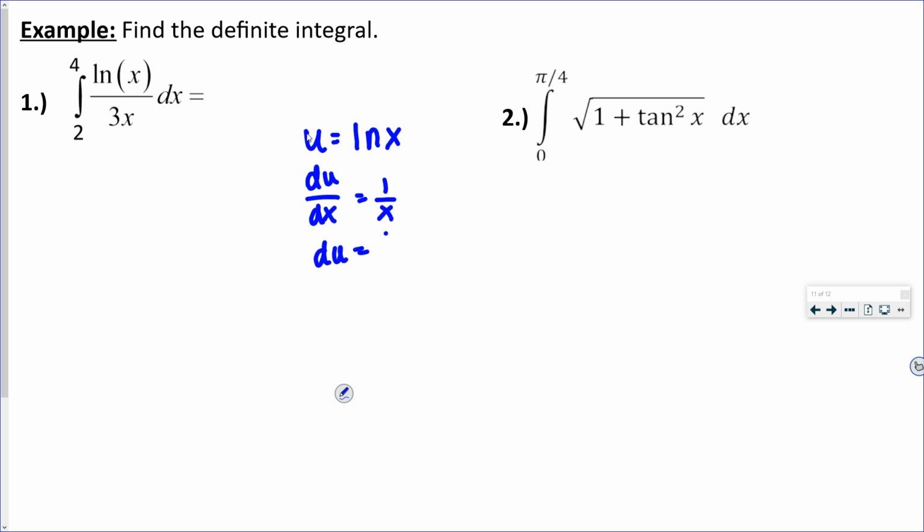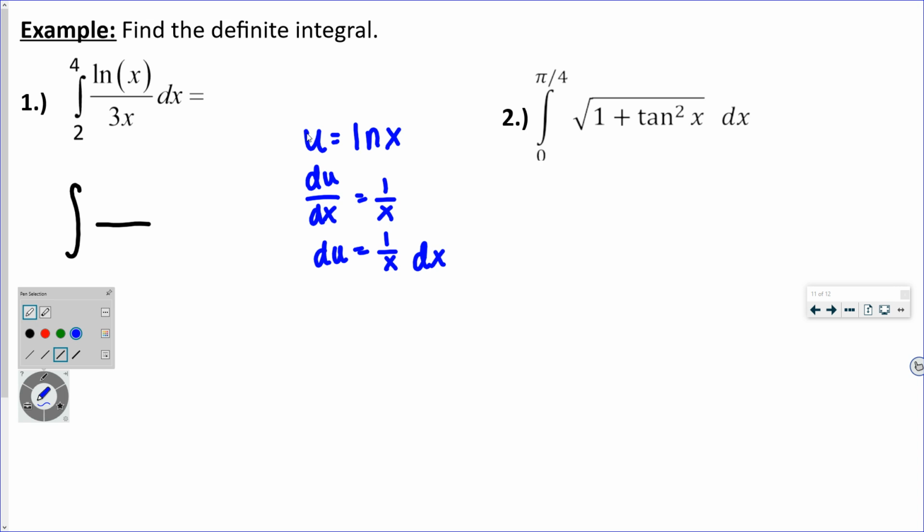So du is 1 over x dx. Okay, I'm going to substitute in what I have now. So I have the natural log of x is u. And then I see this 1 over x dx right here.